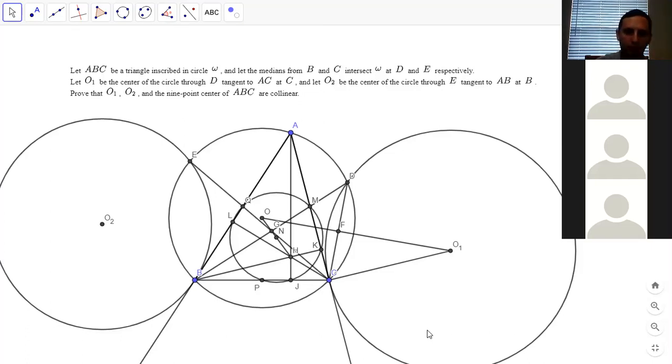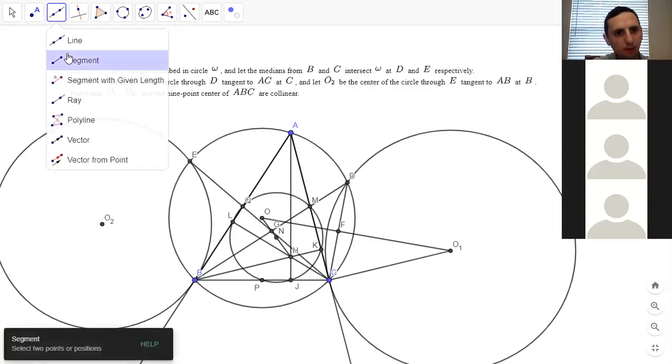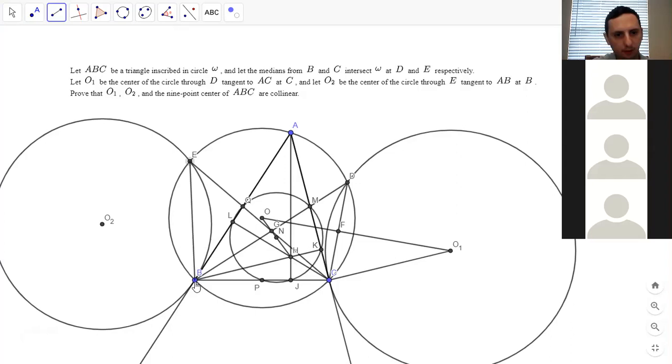So O and H are isogonal conjugates about C, and O1O is perpendicular to DC. So what if I drop a perpendicular from H to BE? Maybe this is just an idea I had.